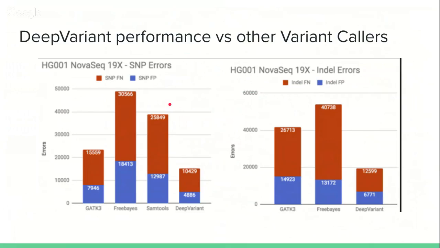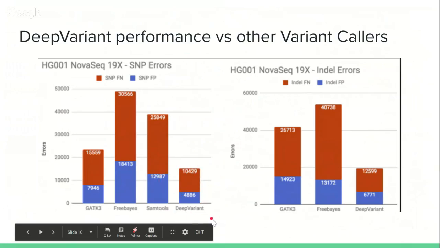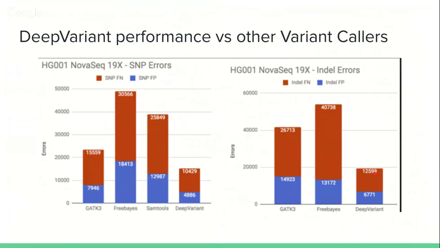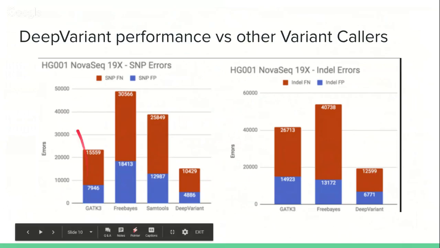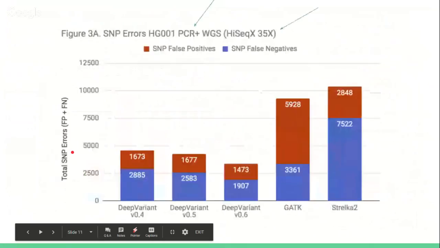And so the lower the errors, the better. And we show here that, well, the DeepVariant team shows here that they have the lowest level of errors, both in SNPs and indels. And in indels, it makes quite a big difference, as you can see here. GATK4 being the second best in SNPs and indels.